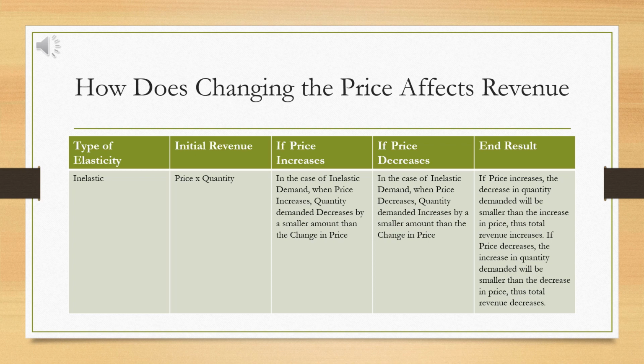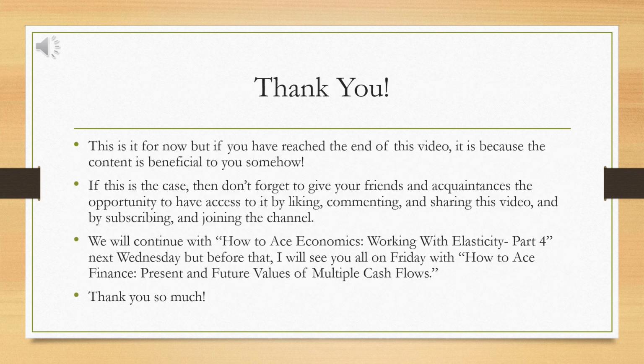Therefore, if prices increase, the decrease in quantity demanded will be smaller than the increase in price. Thus, total revenue increases. If prices decrease, the increase in quantity demanded will be smaller than the decrease in price. Thus, total revenue decreases.